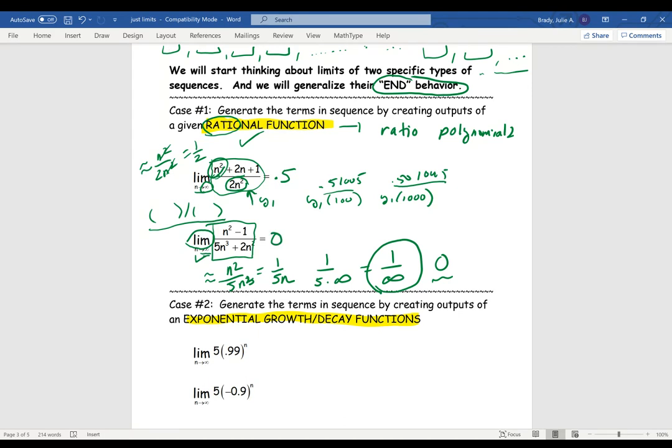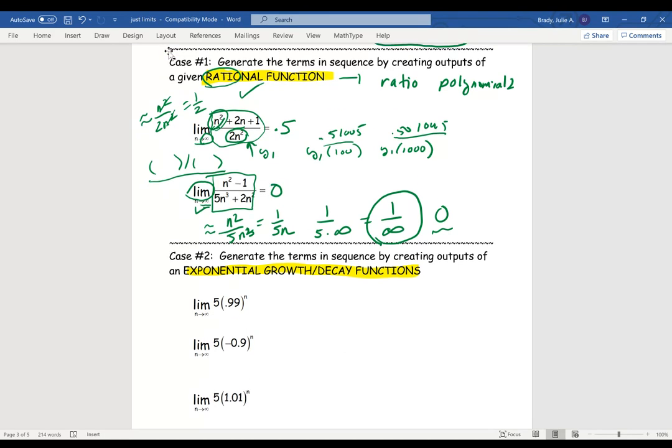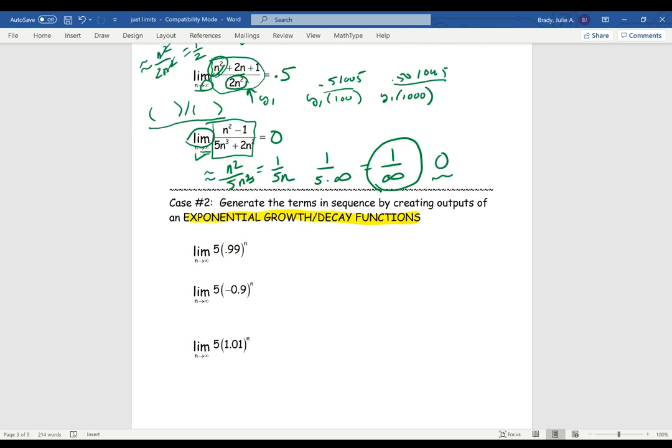Now, the other thing you can work on is exponential functions, okay? And the key for an exponential function is you can look at the base. And again, we're looking at just the end behavior, okay? So we really got a couple different cases. Let's call this the ratio.